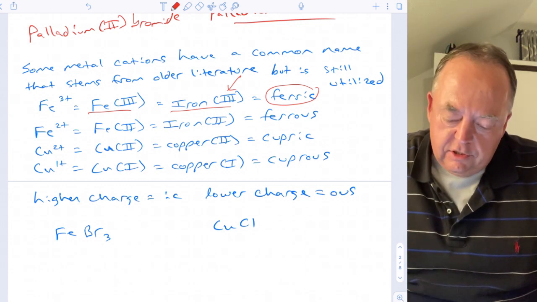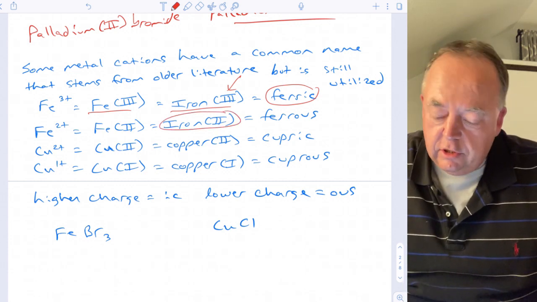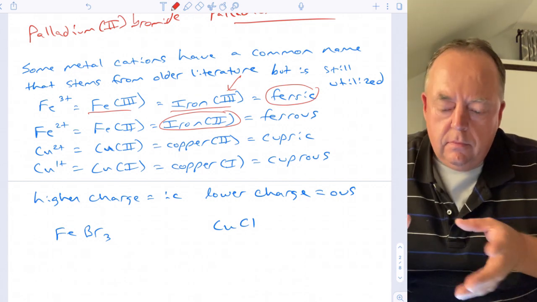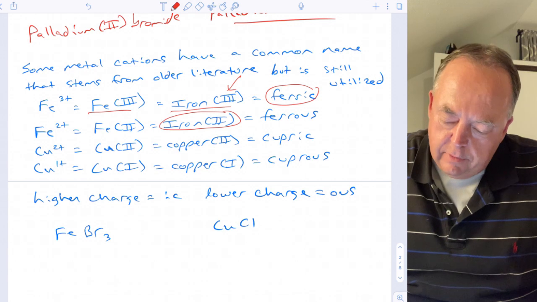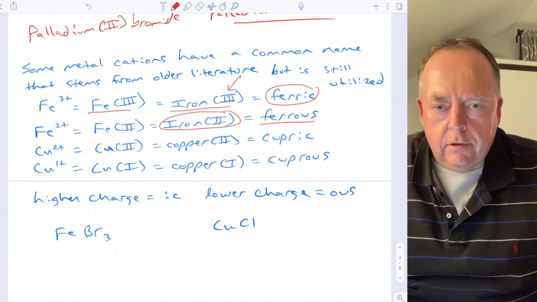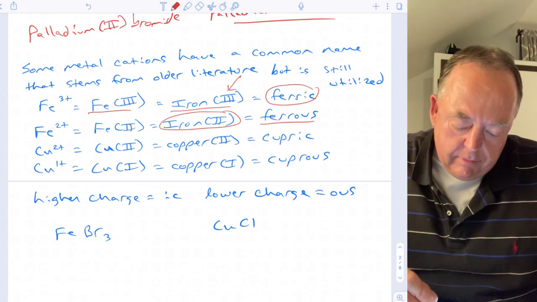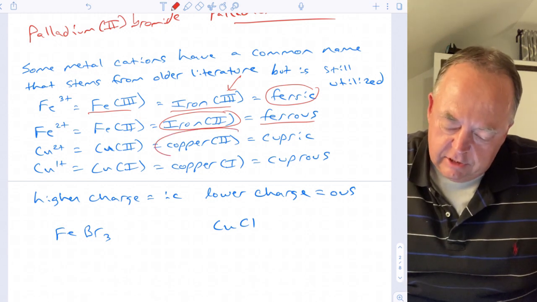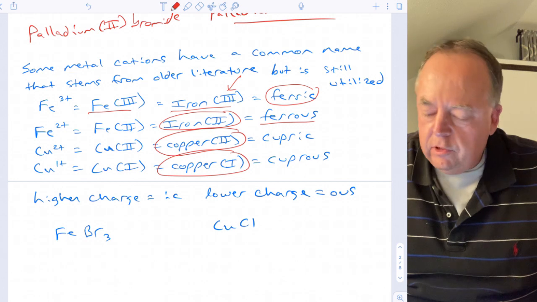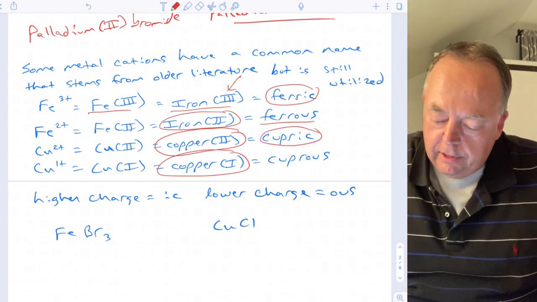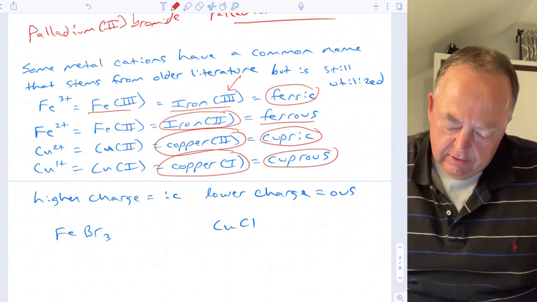Or iron can be +2, so if you're using the conventional way, then you would say iron in parentheses Roman numeral 2, but iron(II) is also called ferrous in the older chemical literature. So same is true for copper. Copper can be +1 or +2, so you could say copper(II) or copper(I), or sometimes you see copper(II) called cupric and copper(I) called cuprous.